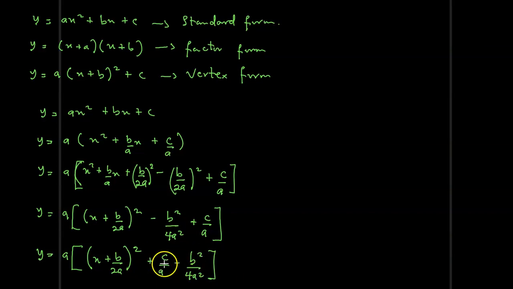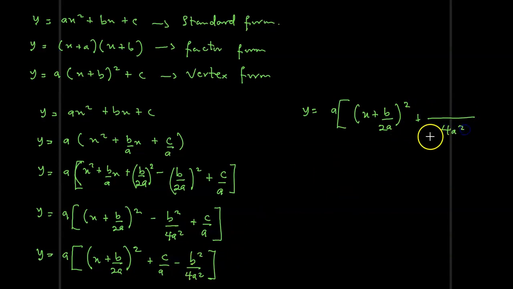And we can equally merge it, so that will be given as y equal to a into a square bracket x plus b over 2a all squared, then plus the LCM is going to be 4a squared, and then a goes into 4a squared 4a times c, that will be given as 4ac, then minus b squared.